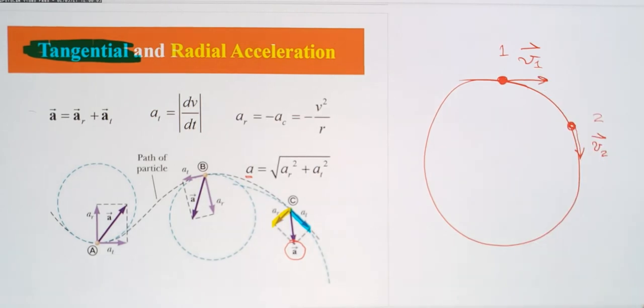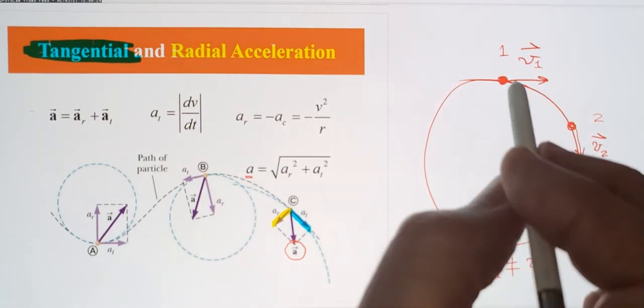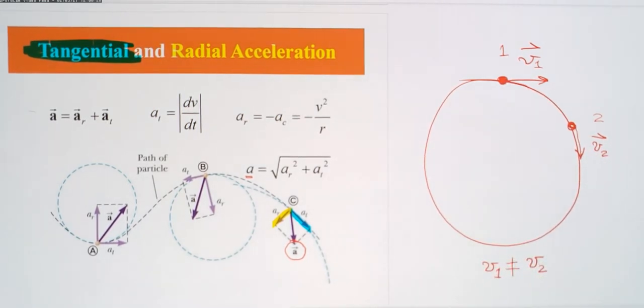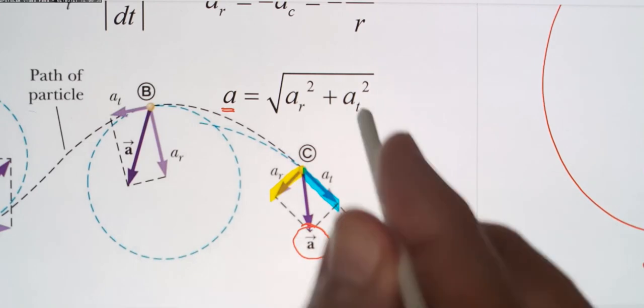In this situation, V1 does not equal V2. That means even the magnitude of the velocity is changing. So we will have a tangential acceleration as if it's moving in a straight line plus the centripetal acceleration.